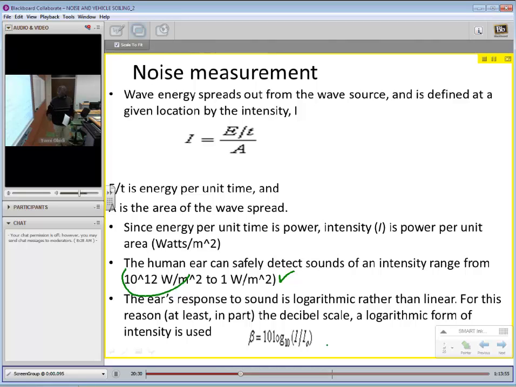Instead of using wattage, which probably gives a psychological feeling of electric power, we use the decibel.